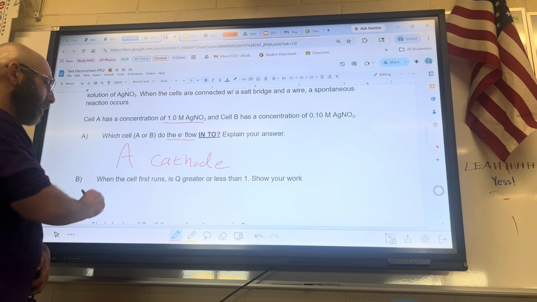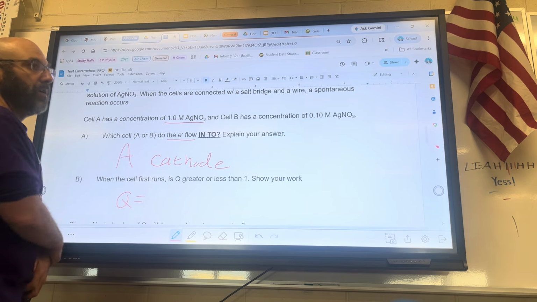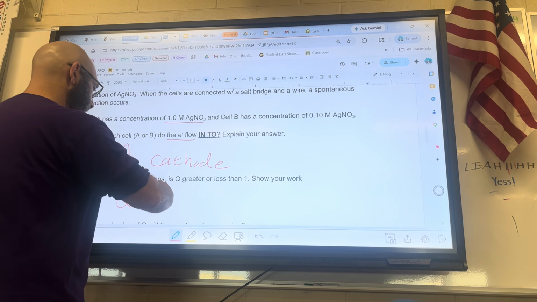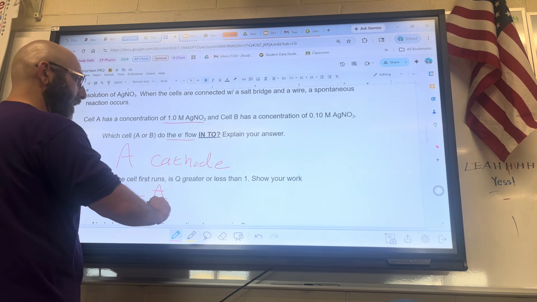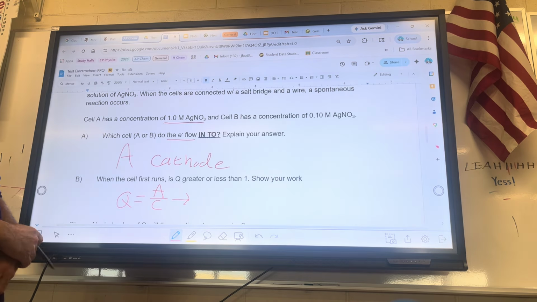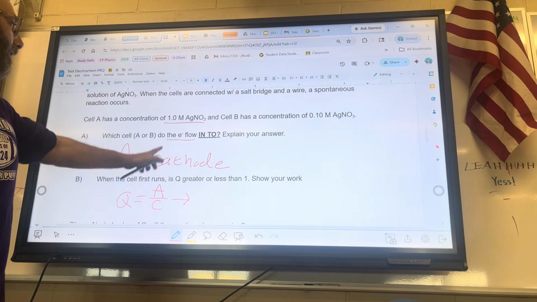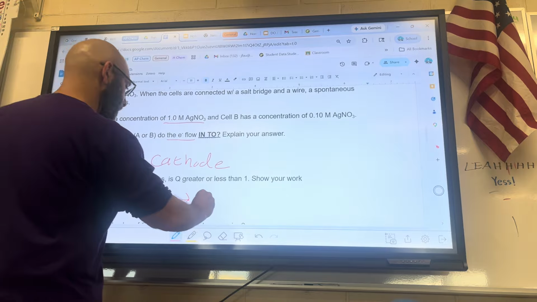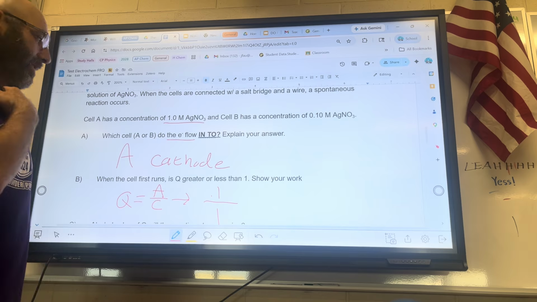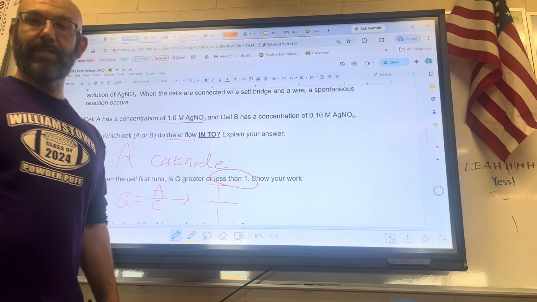Well, Q, if we do our ions, it's anode over cathode. If we just do our math real quick, we said this is our cathode, that's 1, and this is 0.1, so Q is 0.1, Q is less than 1.